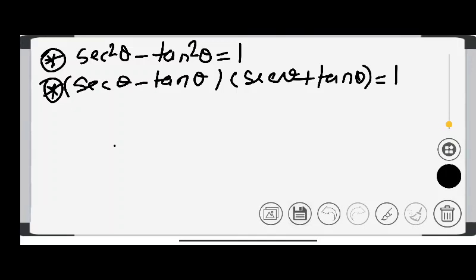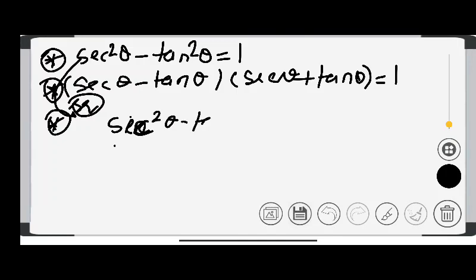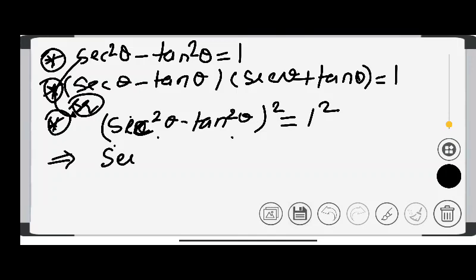So let's start. I square both sides in this formula. So what will be the answer? (Secant square theta minus tan square theta) the whole square upon 1 square equals 1 square. You know the formula for a square minus b square. The powers will be 2 into 2, 4.